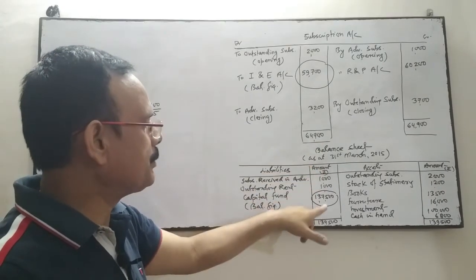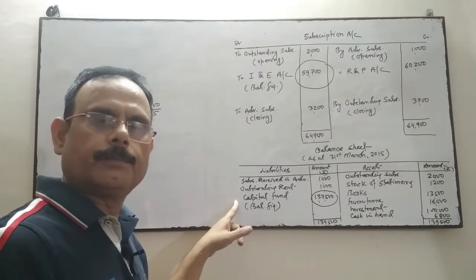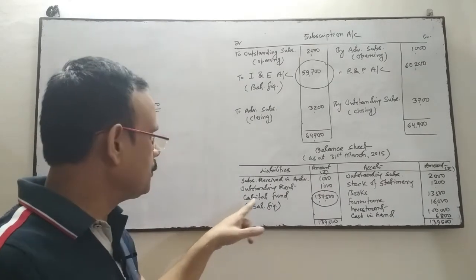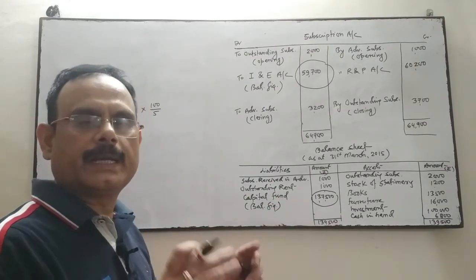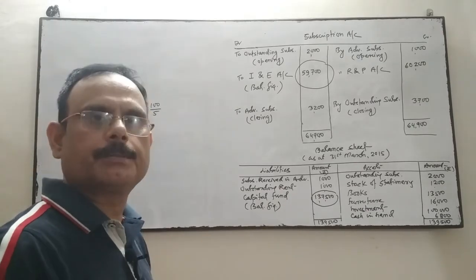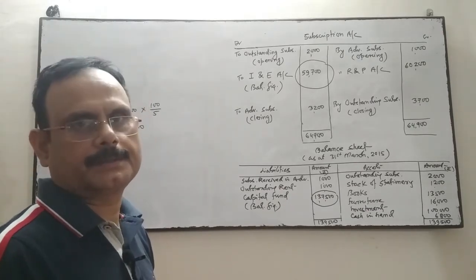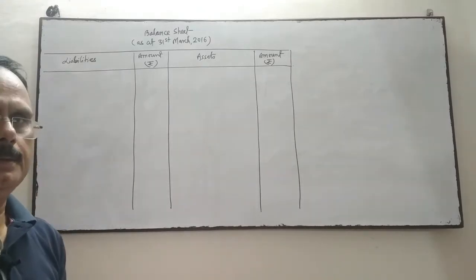This balance sheet is prepared only to know the capital fund of the last year, so that by using this information of capital fund, we will draw the balance sheet of the current year. Without this information, we can't prepare the balance sheet of the current year. Now coming to the balance sheet of the current year.